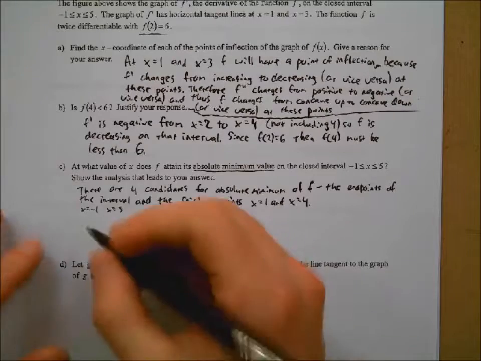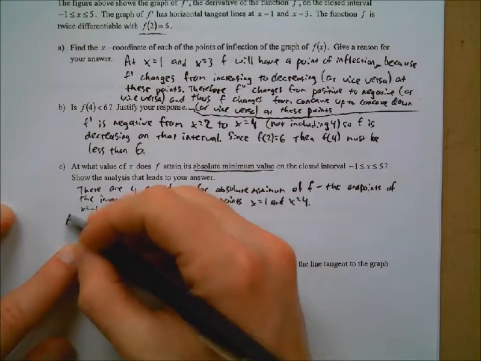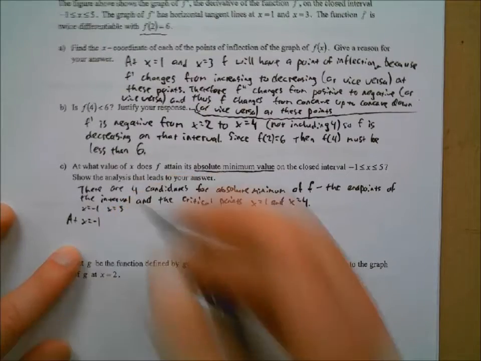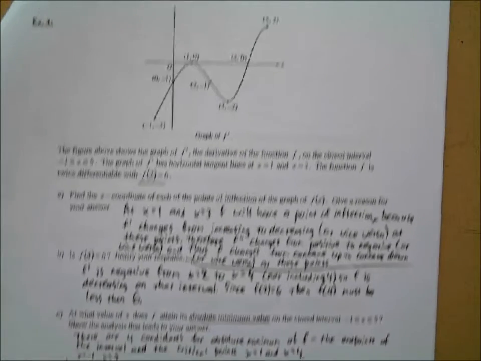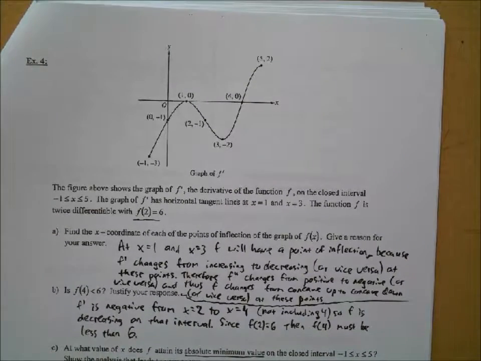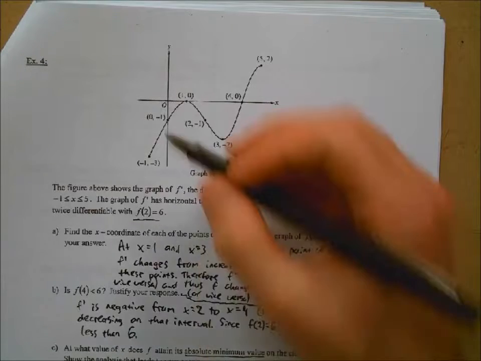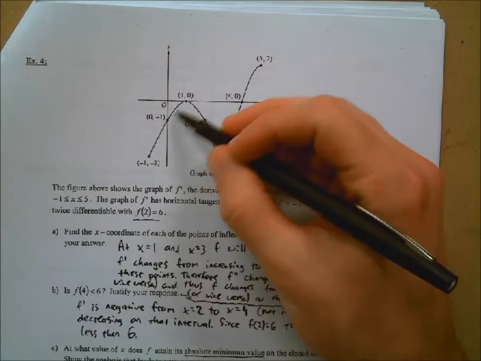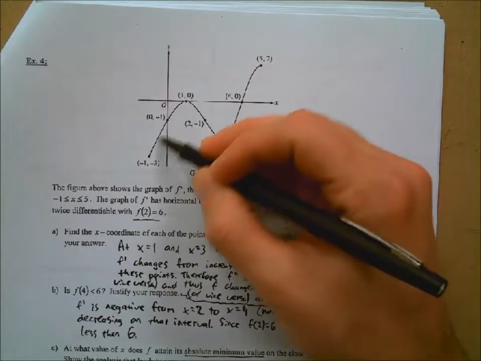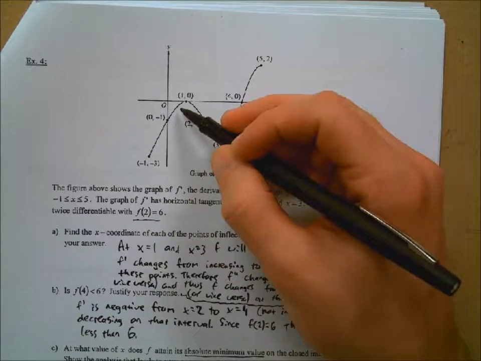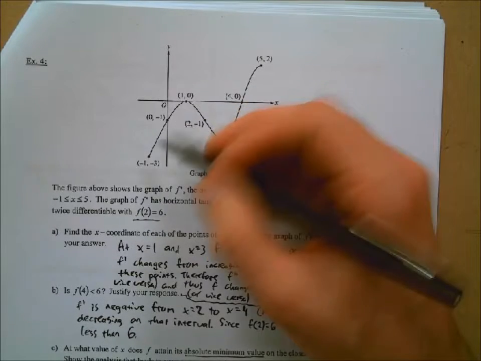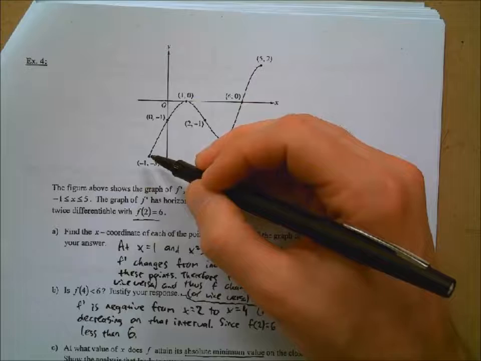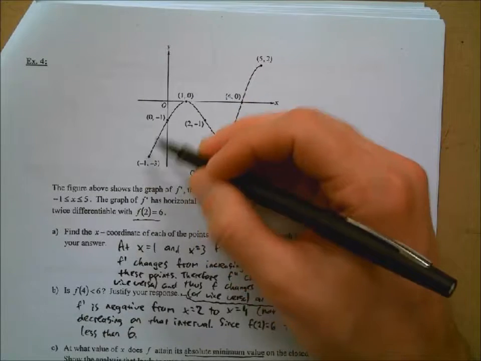All right? So at x equals -1, I've got to bump back up here. What is the sign of f prime immediately after -1? f prime is negative, therefore f will be decreasing. So, can -1 be the location of an absolute minimum if our function is decreasing immediately to the right?